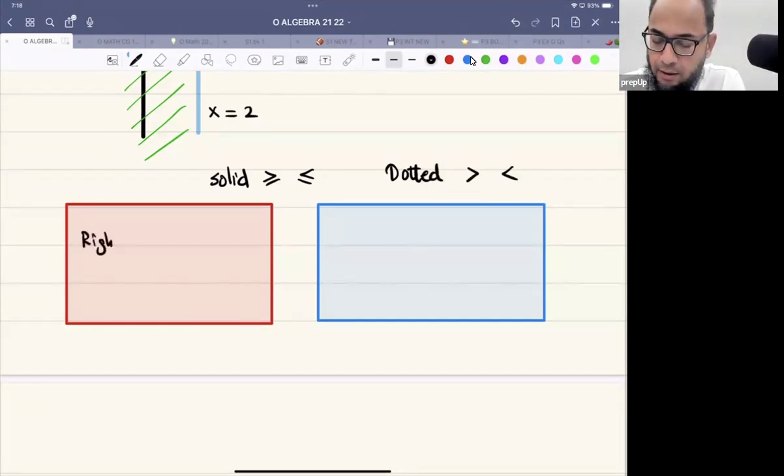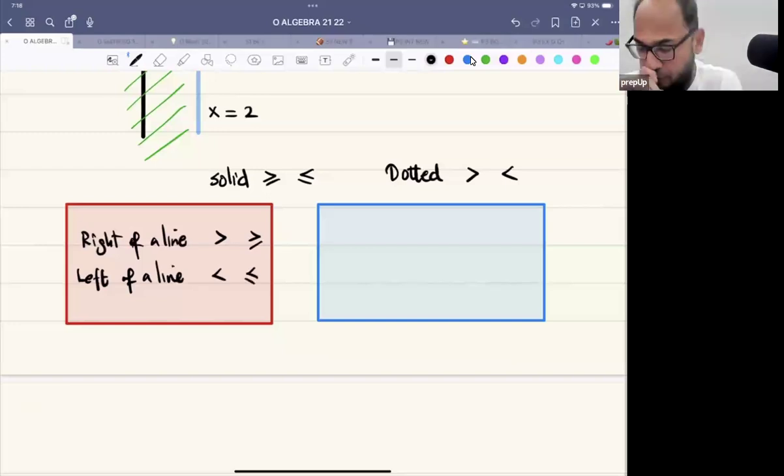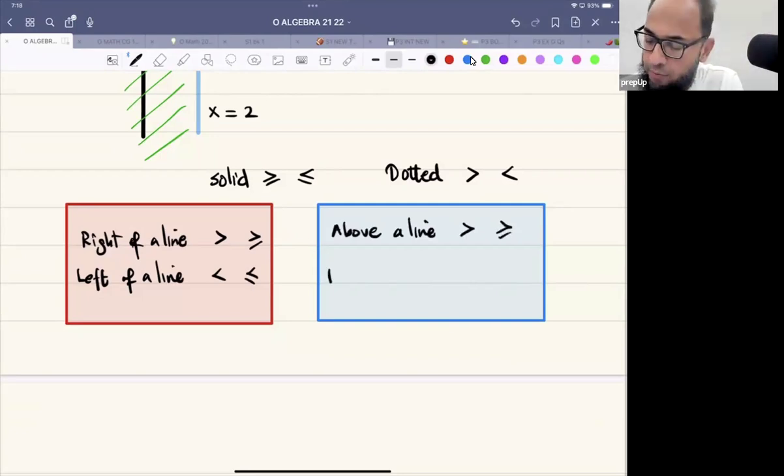Right of a line could be greater than or equal. Left of a line could be lesser than or equal to. Above a line could be greater than or equal to. Below a line is lesser than or equal to.